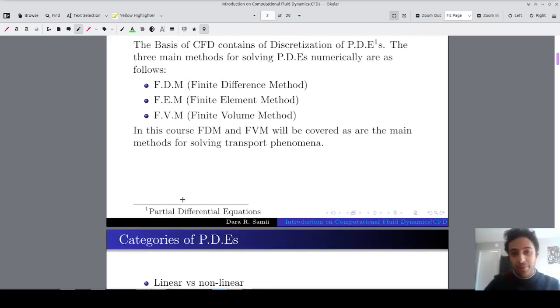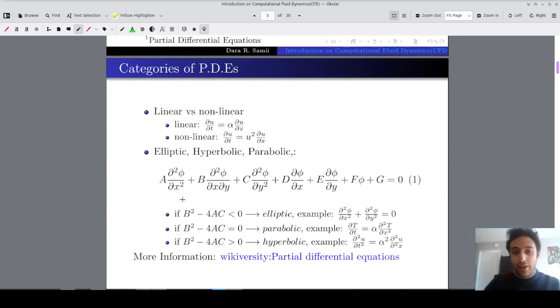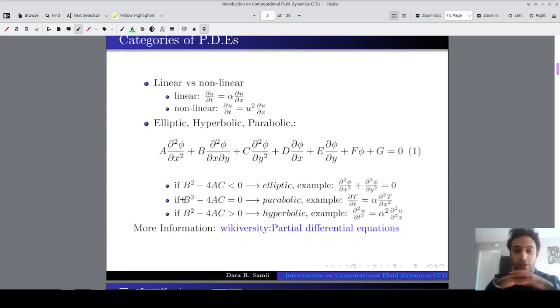So briefly, I need to just do a categorization for PDEs to know how to deal with them, because algorithms for solving these methods are different by their category. First of all, PDEs are defined by their linearity.